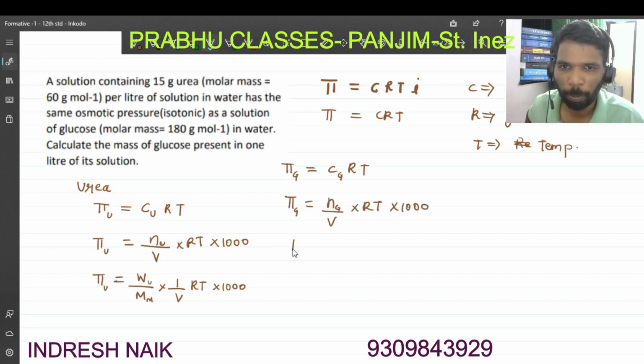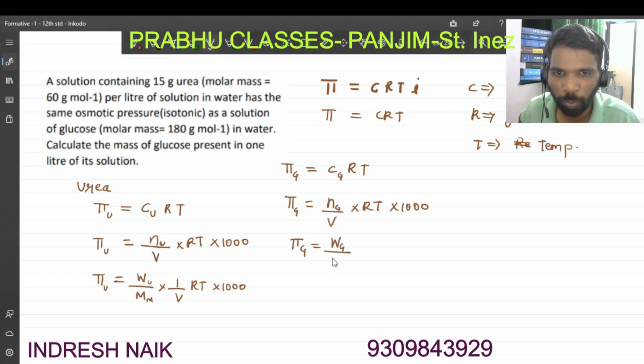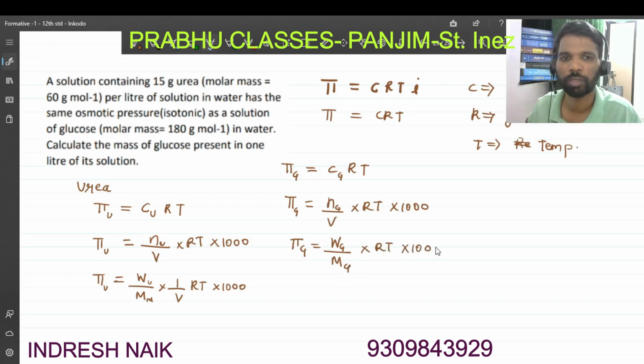So pi G will be equal to what? Number of moles of G is weight of glucose taken upon molar mass of glucose, into RT into 1000, right?